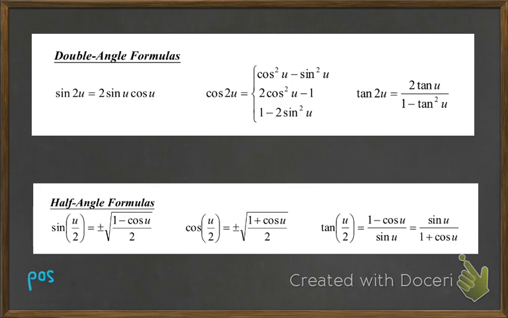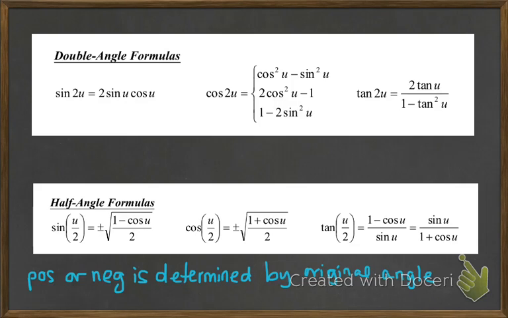Positive or negative is determined by original angle. So look at the quadrant that original angle would fall in, and then determine whether your sine or cosine is going to be positive or negative.